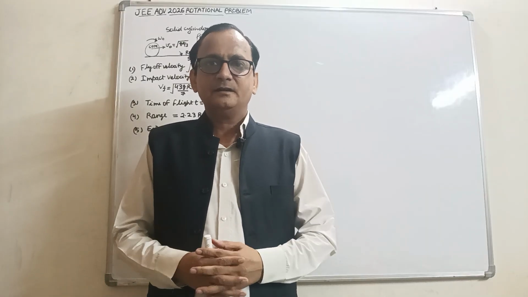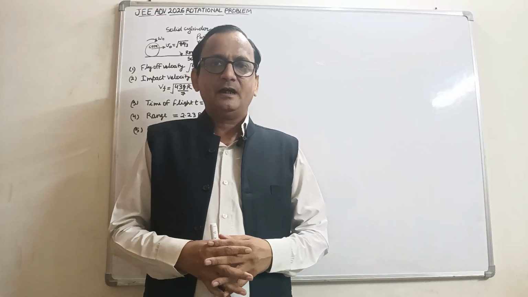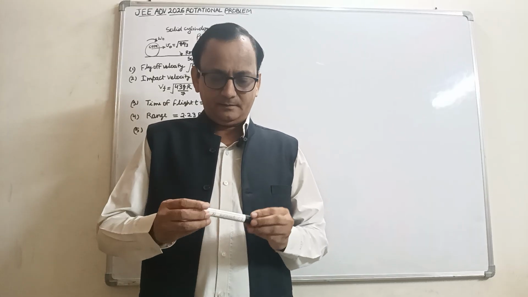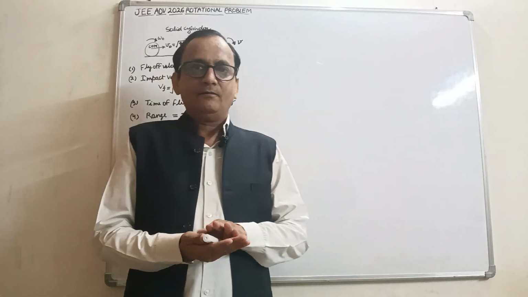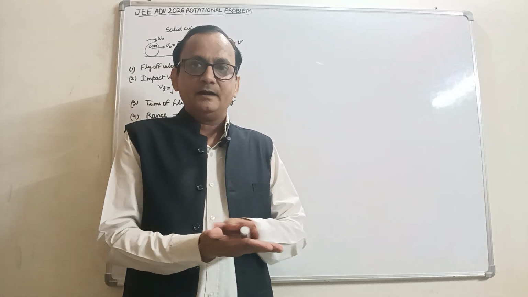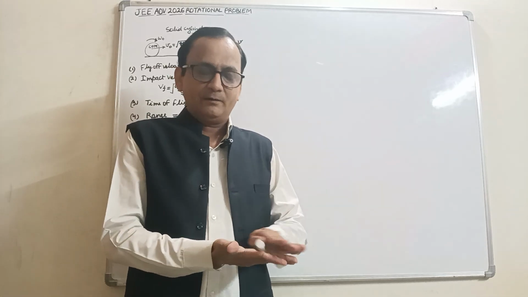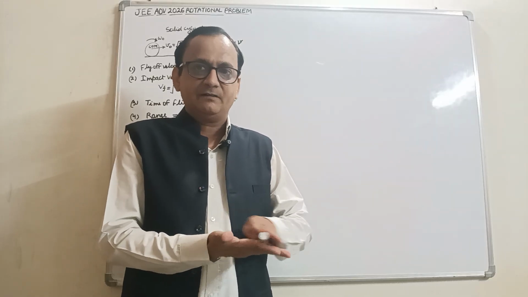So in this question, we have to find the velocity when a solid cylinder is moving on a flat surface. This is a flat table and a solid cylinder is moving on it with some initial velocity.